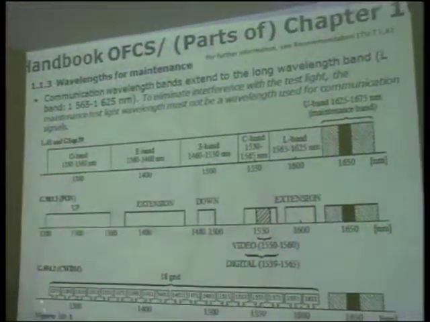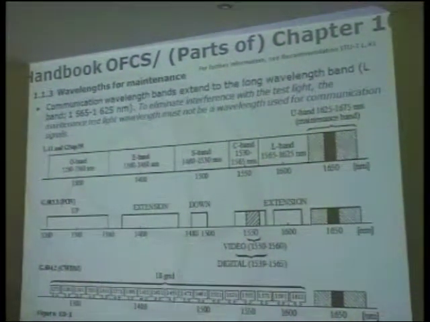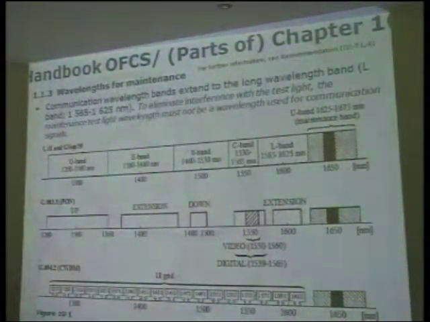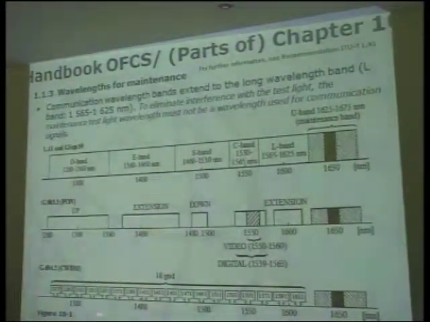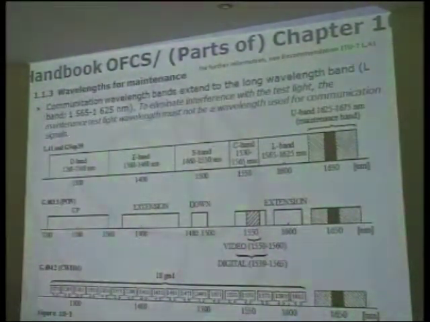As it is wider here, it was intended that the components related to the emission and reception of the light could be cheaper in CWDM than in DWDM. That was the first idea.